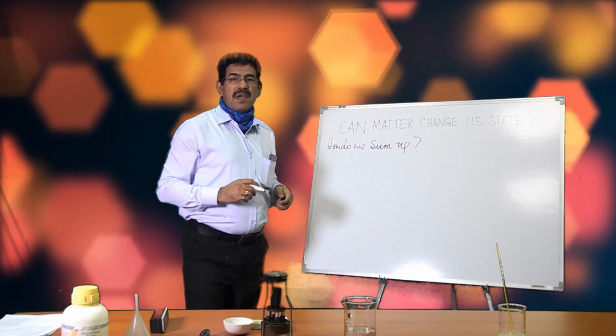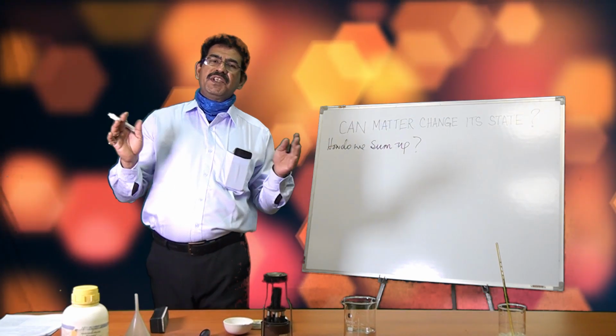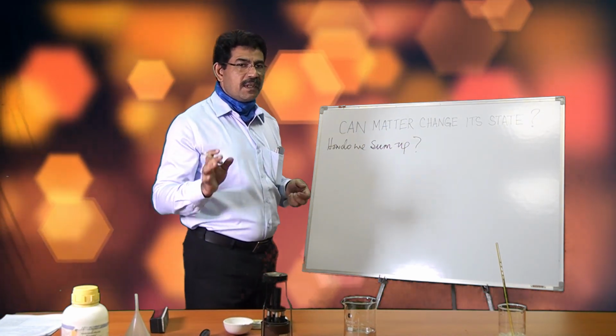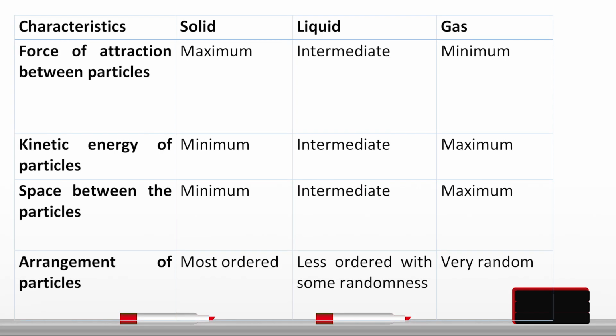So how do we sum up our learning so far? We will try to understand whatever we have learned till now with the help of a particular table. Look at the table. Here we will try to understand the characteristics of solid, liquid and gas.